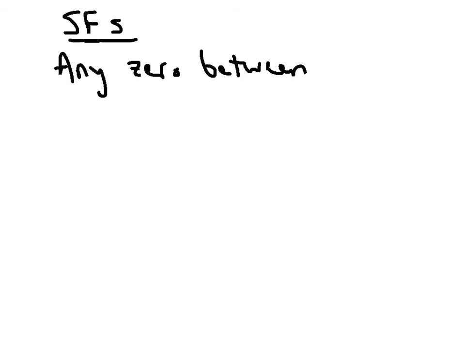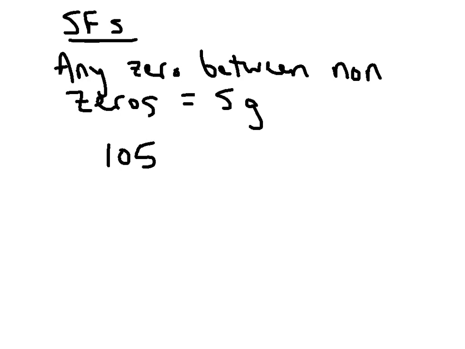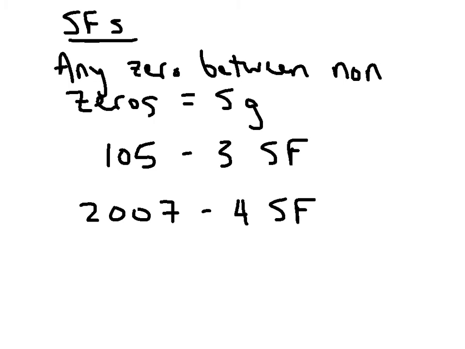Continuing on with our rules, any zero between non-zeros, between non-zero numbers, is also significant. So a couple of examples. 105 contains 3 sig figs. 2007 contains 4 sig figs.